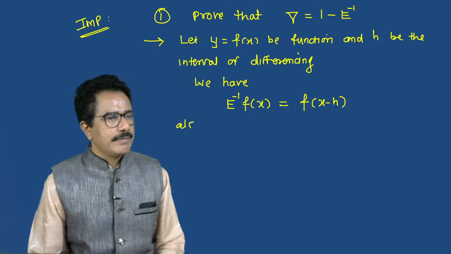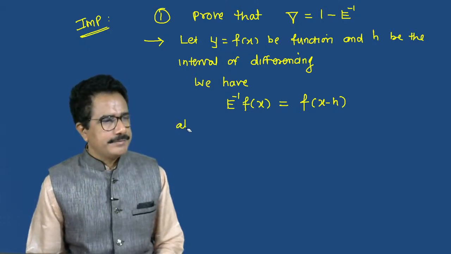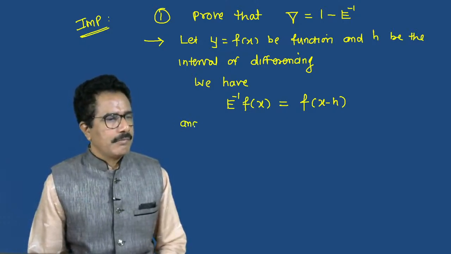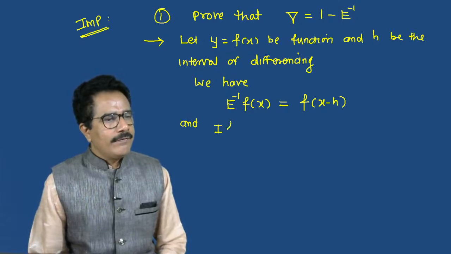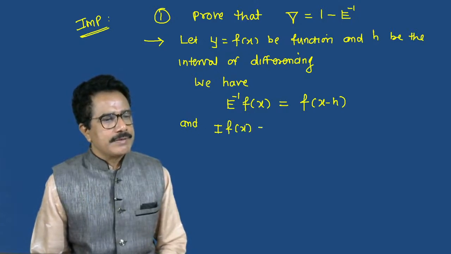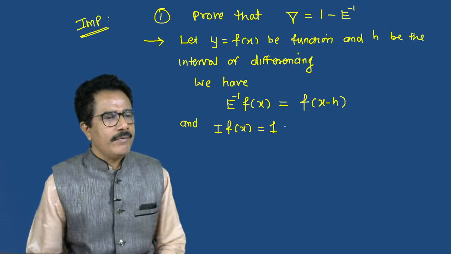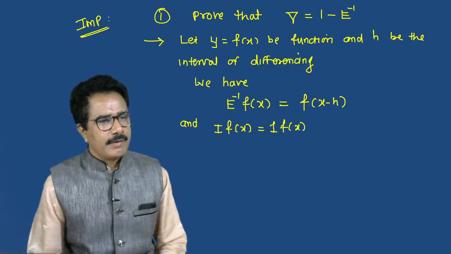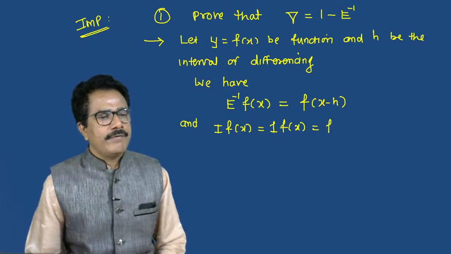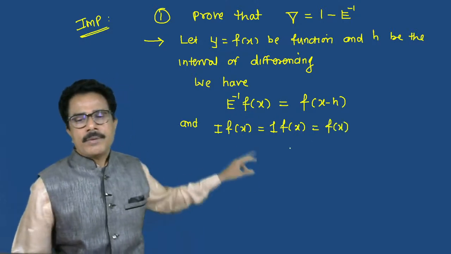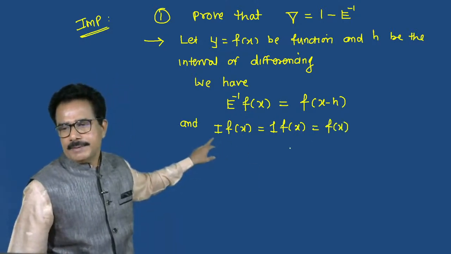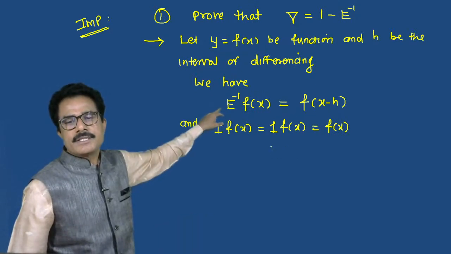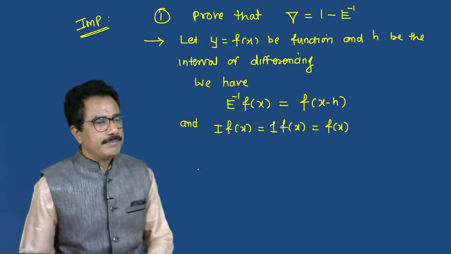Also, I of f of x, which is also denoted by 1 of f of x, is f of x. This operator is called the identity operator.